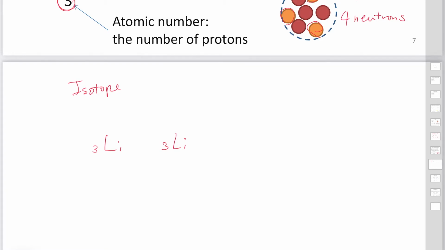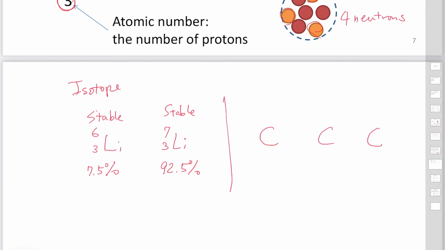So this is 6 or 7. Sometimes lithium has 3 neutrons. Sometimes lithium has 4 neutrons. Both atoms are stable. So this is 7.5%, 92.5% existence.